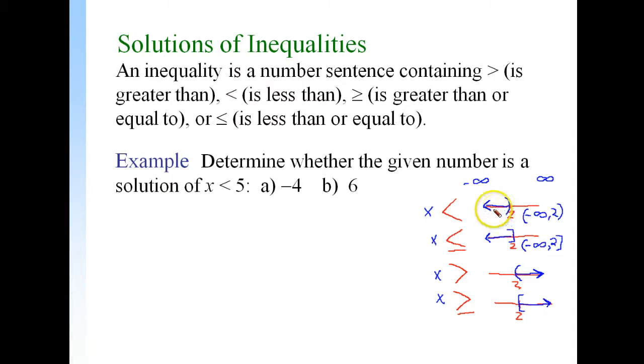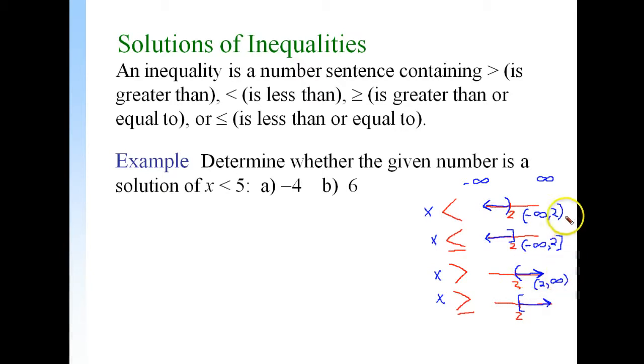I've always said that graphing it makes putting it in interval notation very easy, because you're just sort of taking this graph and putting it into this form. So this one now we'll start with a parenthesis for 2, and it goes to positive infinity.